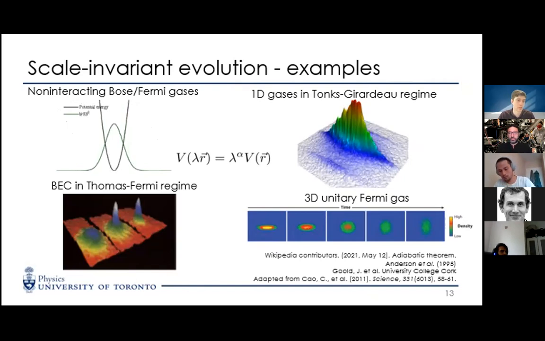All of these, again, are for systems with contact interactions, in this case here. But in terms of my understanding, the violation of scale invariance for BECs in one and three dimensions is because of the kinetic energy term.